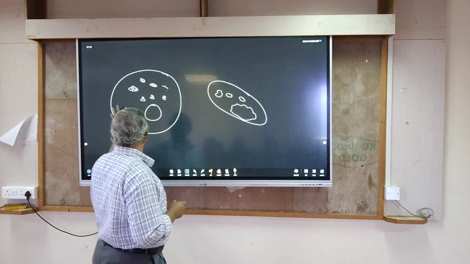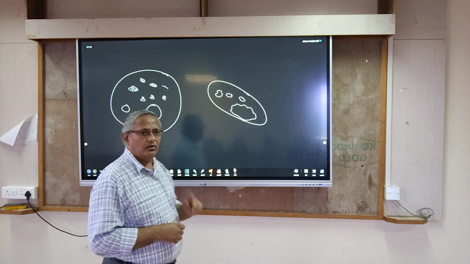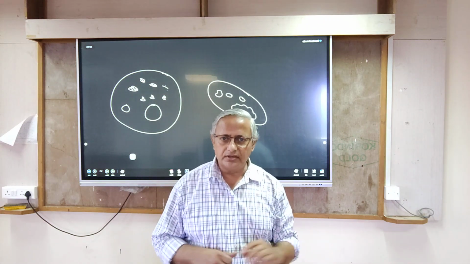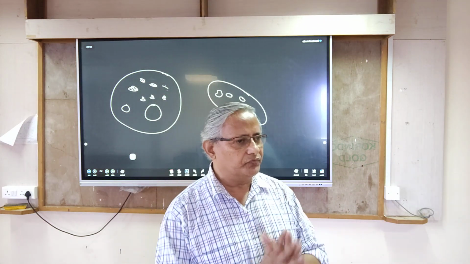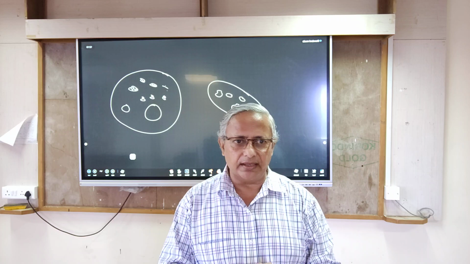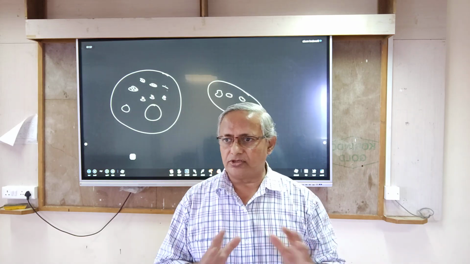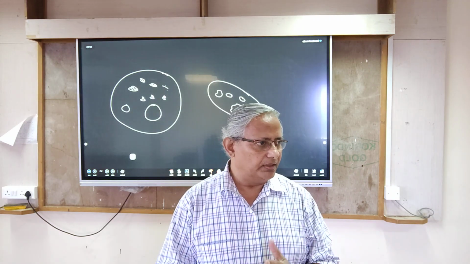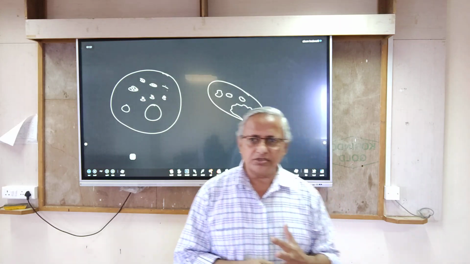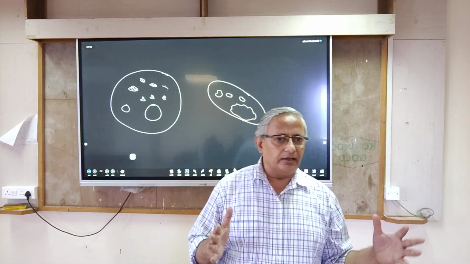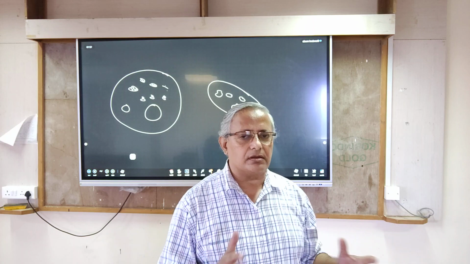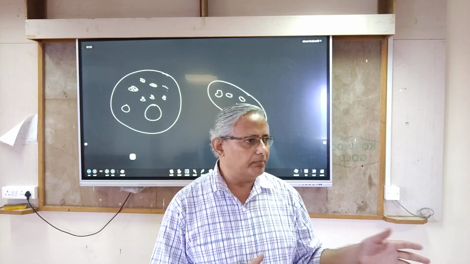There are vacuoles, which are membrane-bound. The biggest difference between prokaryote and eukaryote is the membrane structure. What does that mean? Membrane structure means the entire cell is compartmentalized by different membranes.